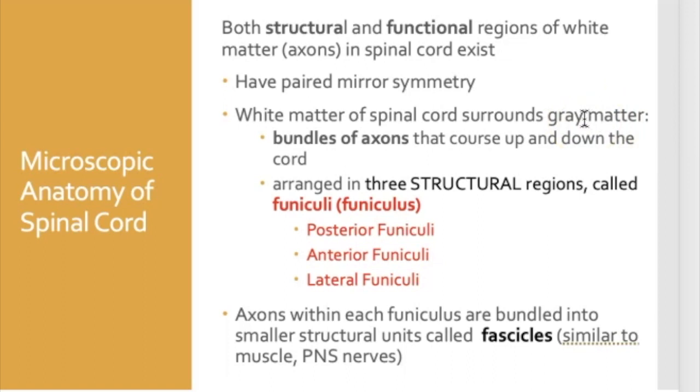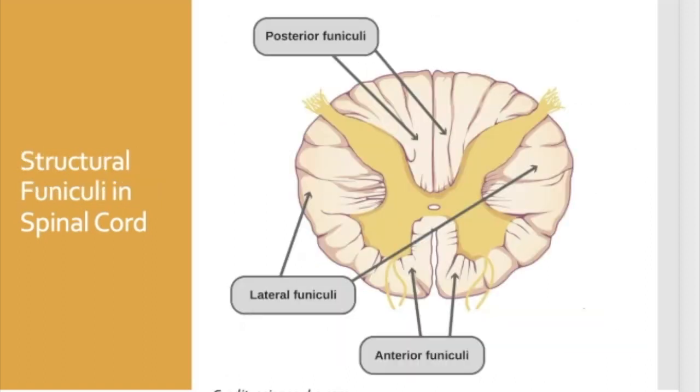There are structural regions to this white matter, and they're called funiculi. We identified posterior, anterior, and lateral funiculi in the spinal cord. Axons that travel within each funiculus are bundled into smaller units called fascicles, very similar to the fascicles that we see in muscle and in the peripheral nervous system.